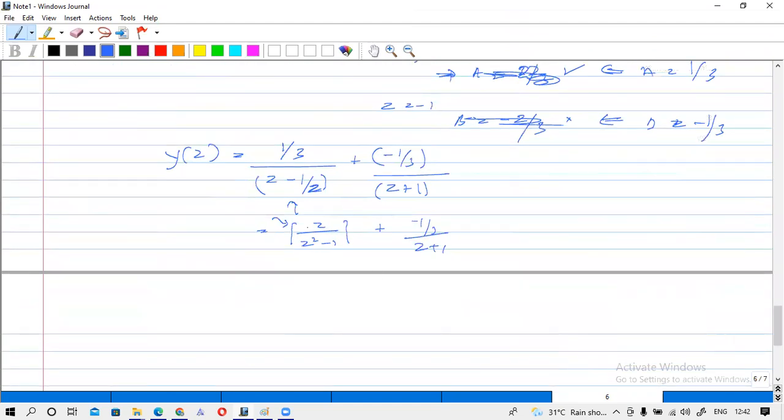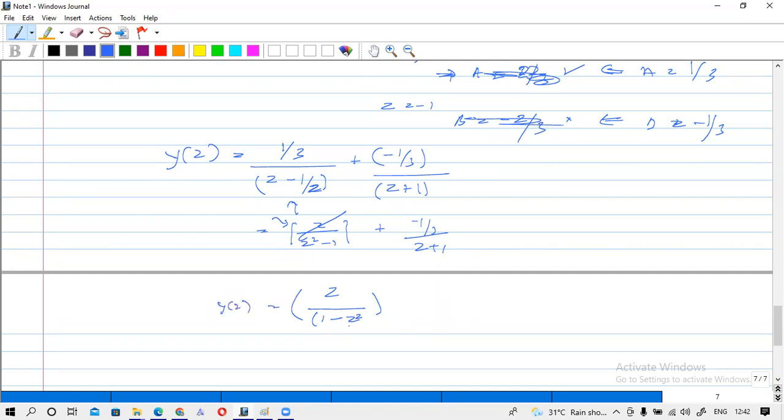Sorry, here we have z plus 1, z square minus 1. So what is here? Here we have z, 1 minus z square we get, no? So we have to get 1 minus z square.